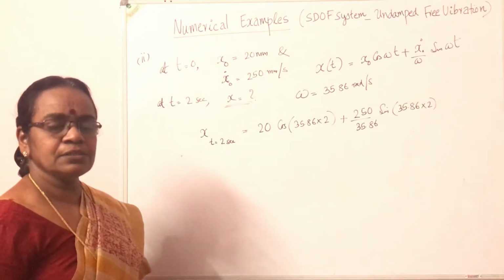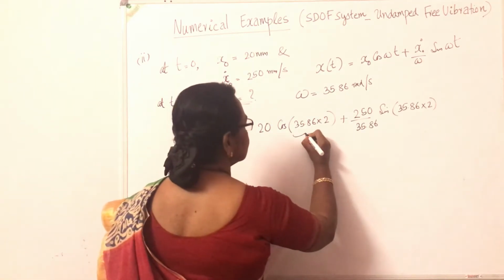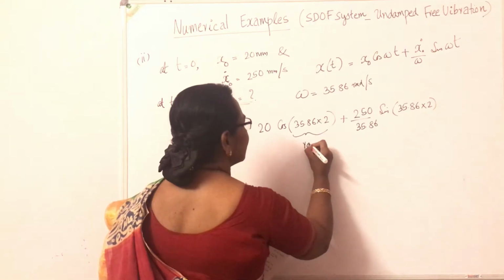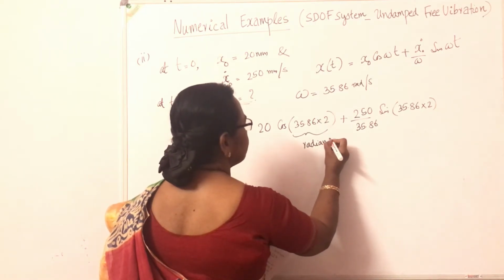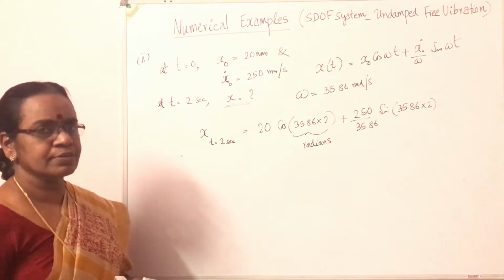In calculation, the most important thing to remember is that the quantity within the parenthesis is in radians. The calculator should be in radian mode in order to get the answer correctly.